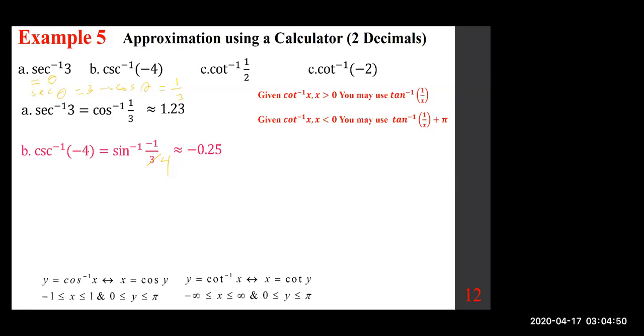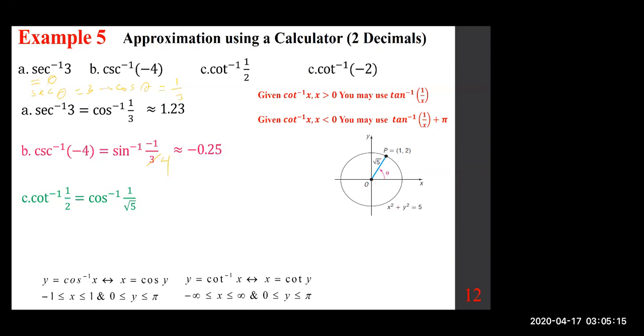As long as you have cotangent, you can figure out cosine as follows. I want you to see this picture.